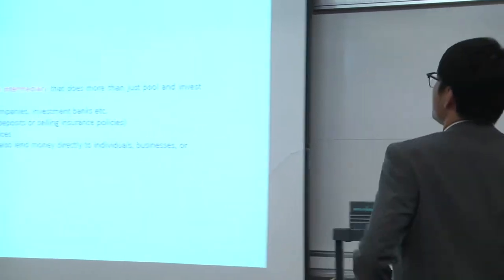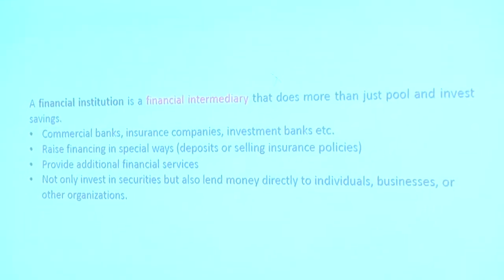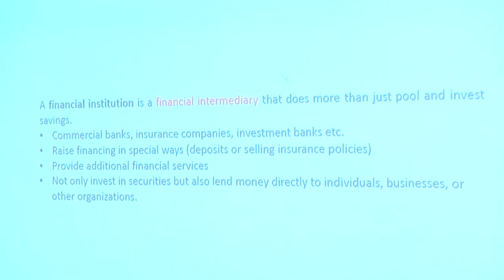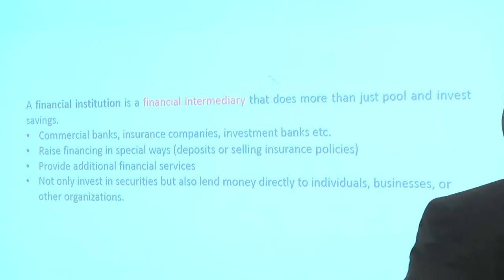All right, so move along. Instead of a financial intermediary, there's a financial institution. A financial institution does more than just pooling investment savings. Commercial banks, insurance companies, investment banks do contracting and depositories.